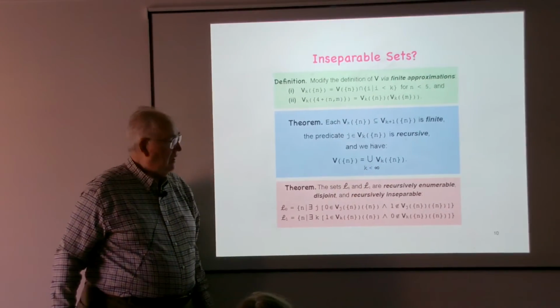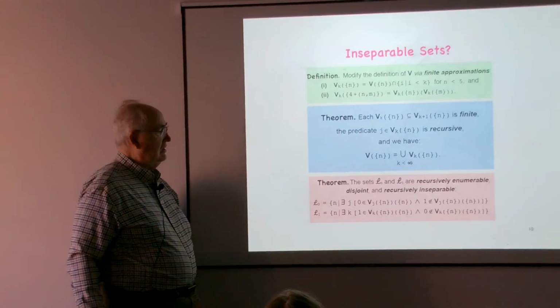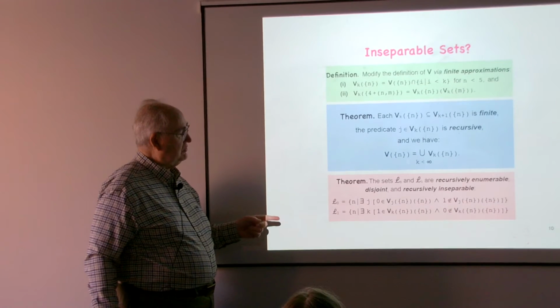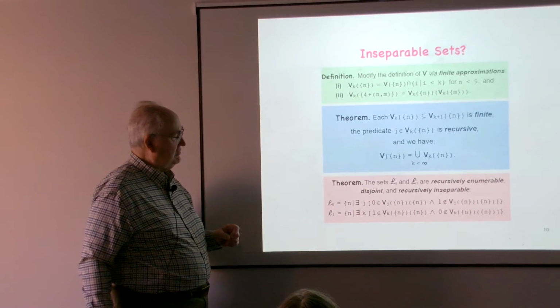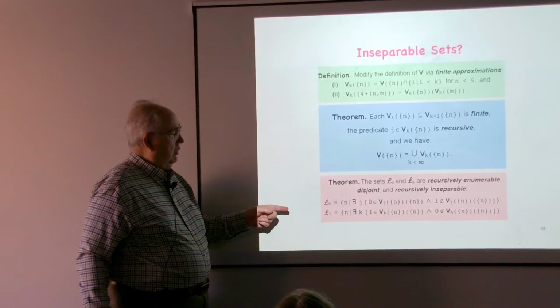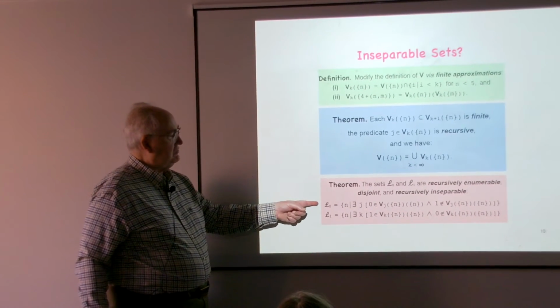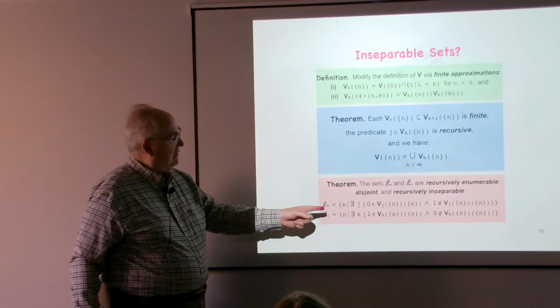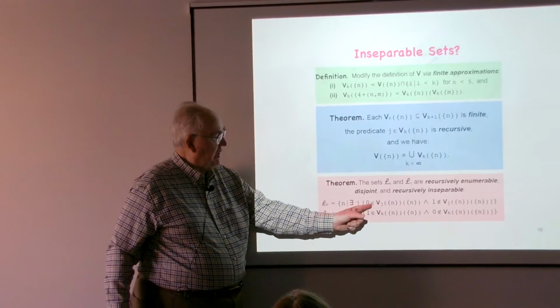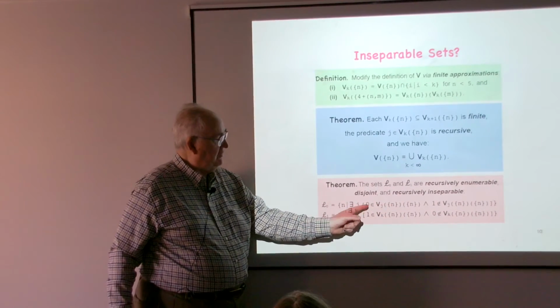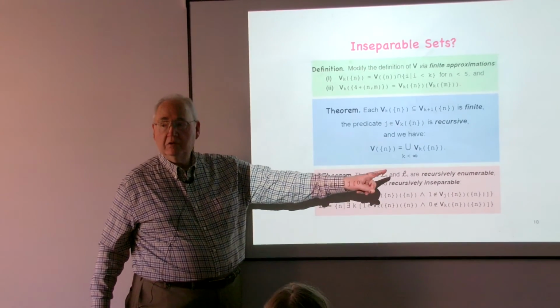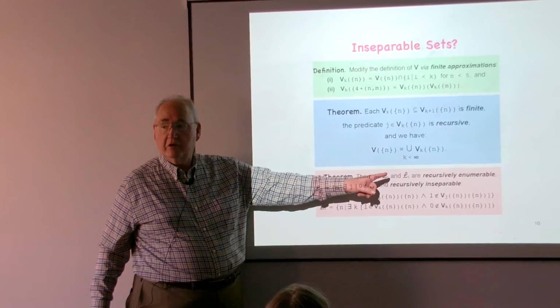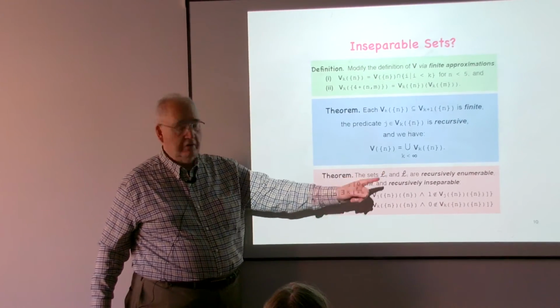And so an application I give of this is the recursively inseparable sets. If we make these approximations to the computation the following way, we can say the numbers that are lovers of 0 are such that there exists a stage in space for which you achieve a 0 before you achieve a 1. This is Rosser's trick for improving Gödel's incompleteness theorem there.